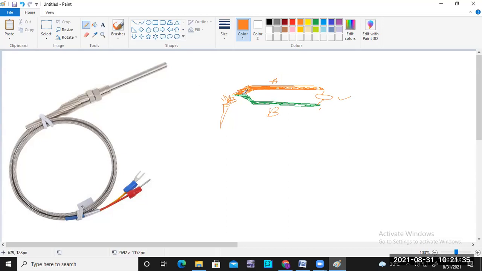There are two junctions. This is junction A, and here is also a junction.